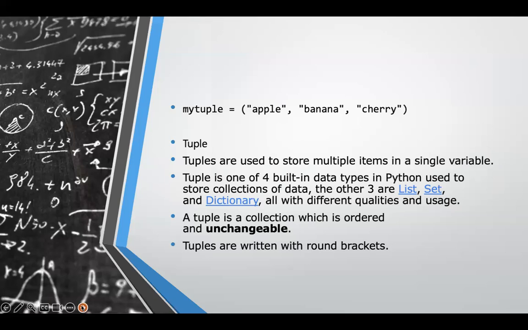Tuple is almost synonymous to list. The major difference between list and tuple is that a tuple has got a parenthesis, while a list has got an angle bracket. So this is the major difference between them.